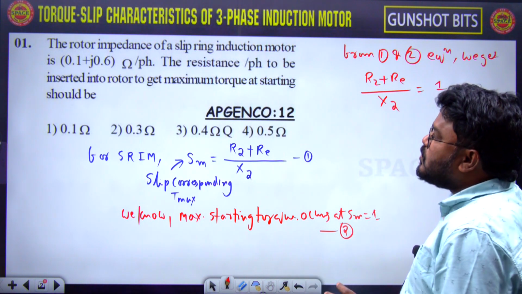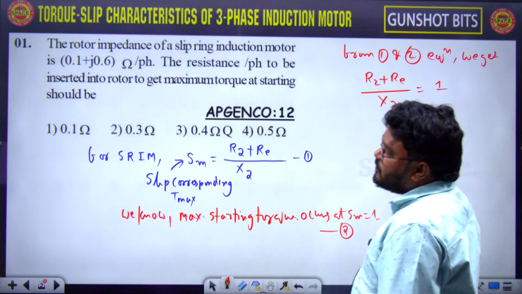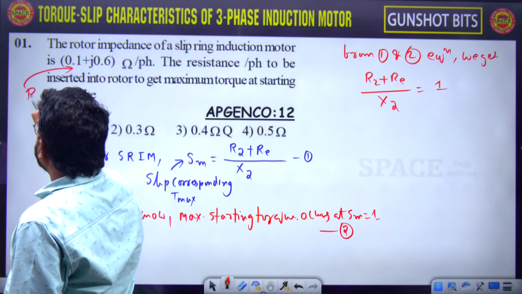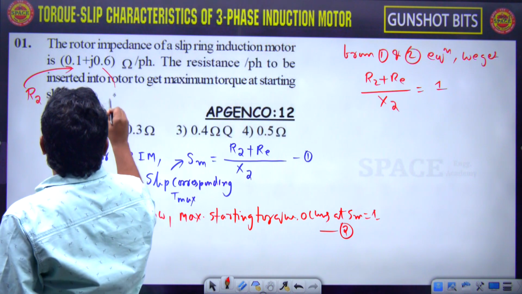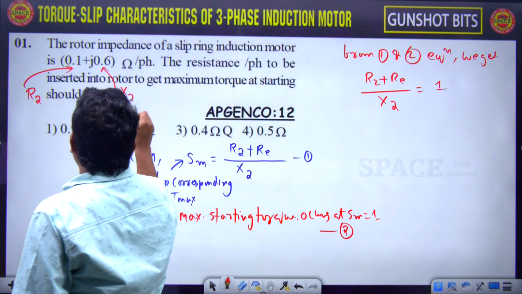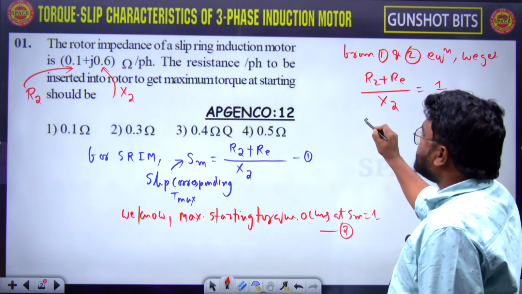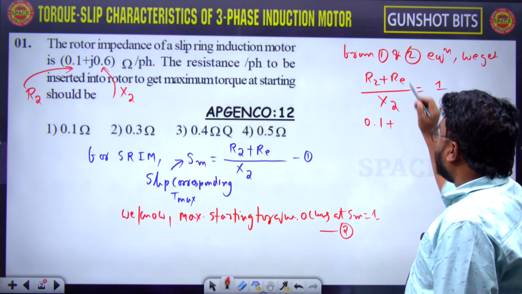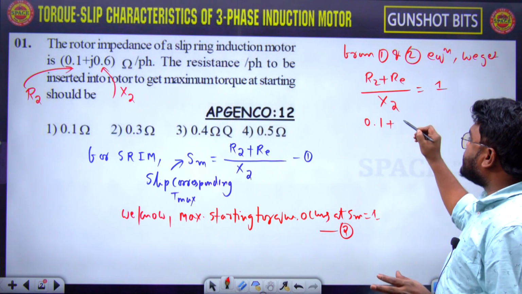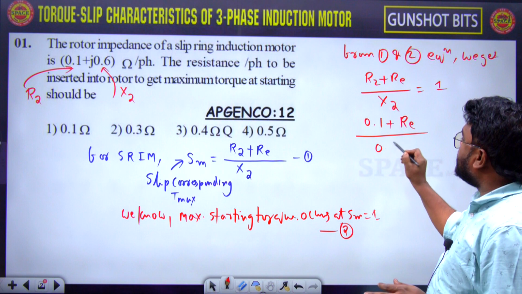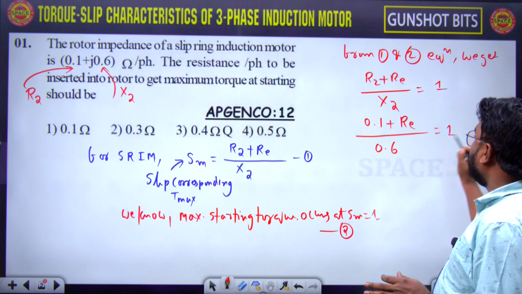Let us substitute the given values in this equation. 0.1 is the rotor resistance per phase R2, and 0.6 is the rotor reactance per phase X2. So R2 is 0.1, plus RE, which we need to find out, divided by X2 which is 0.6, is equal to 1.